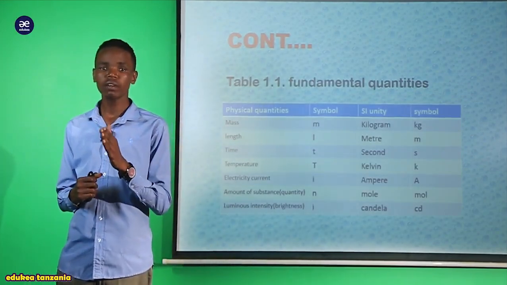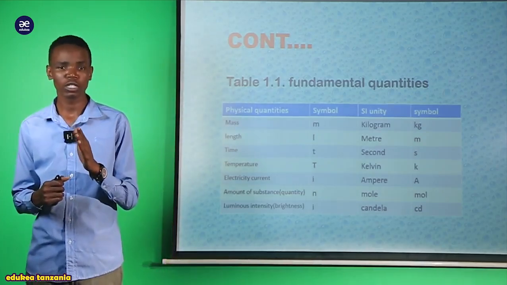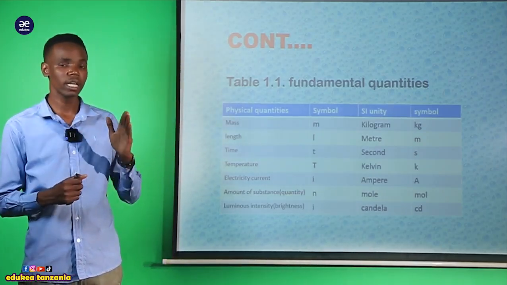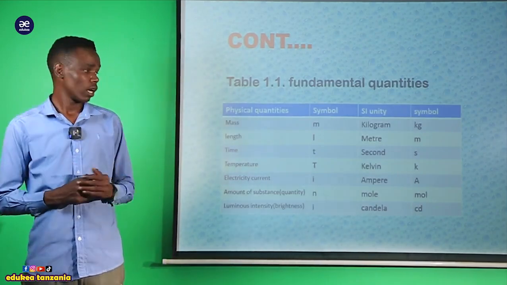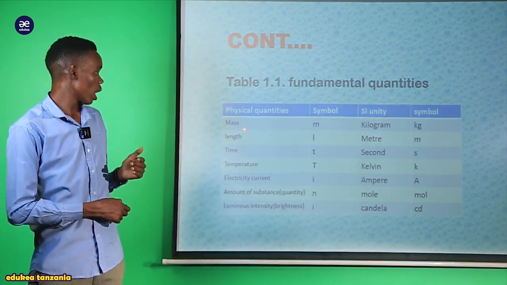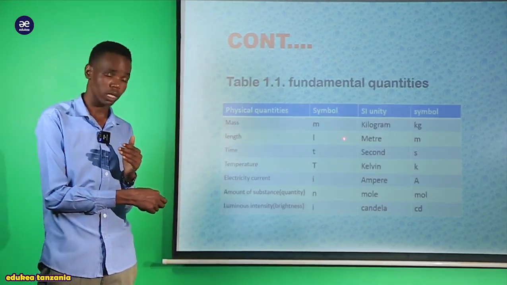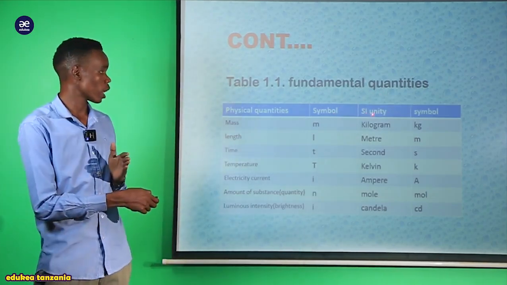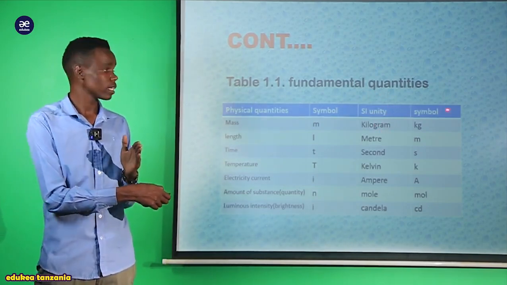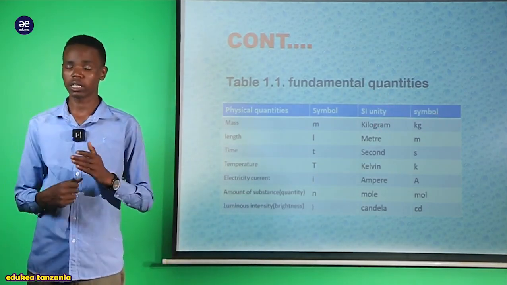We have several examples of the fundamental quantity, and its units. As you can see here, we have the physical quantities, and also we have its own symbols. And also we have the SI unit and the symbols of that unit.